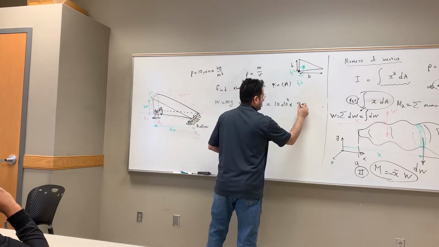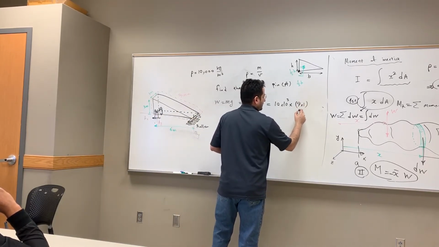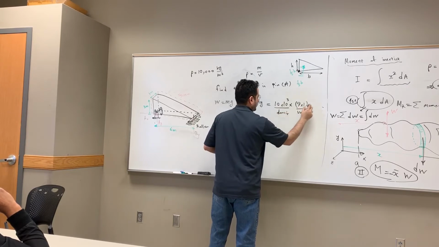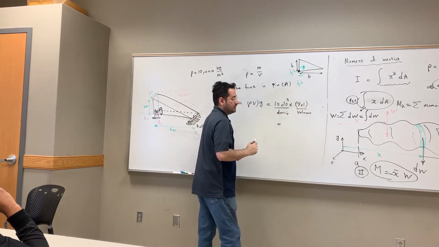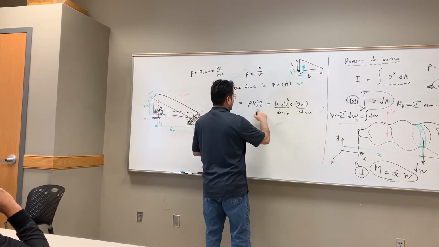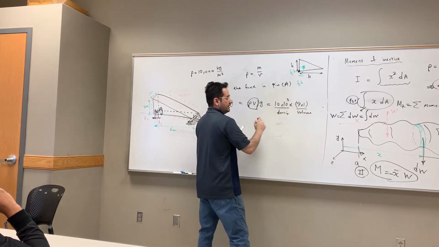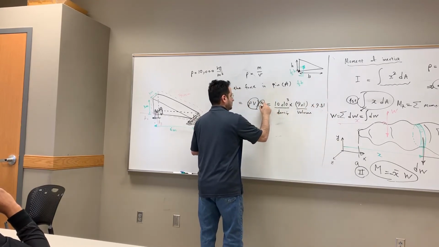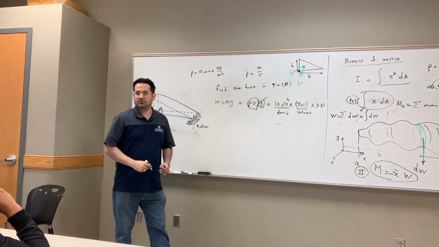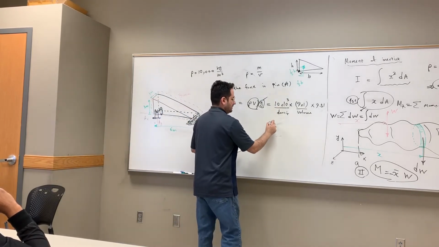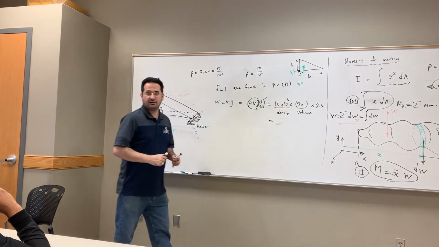So 9 times 1. This is volume. This is density. So that's going to give you rho V, right? And then finally multiplied by 9.81 g. So whatever this gives you, this is your weight.